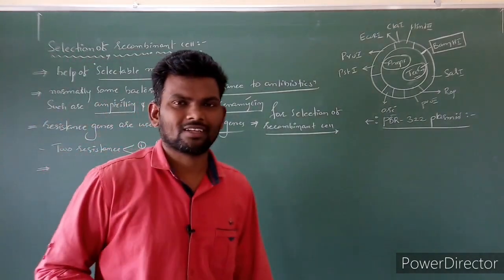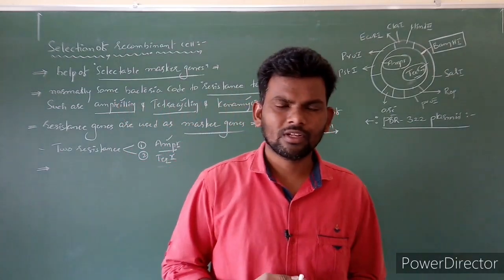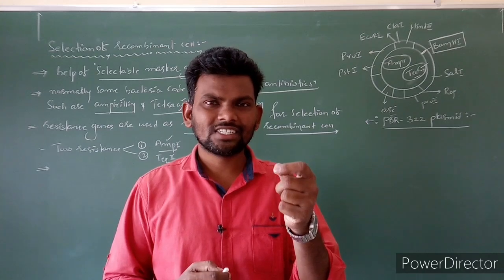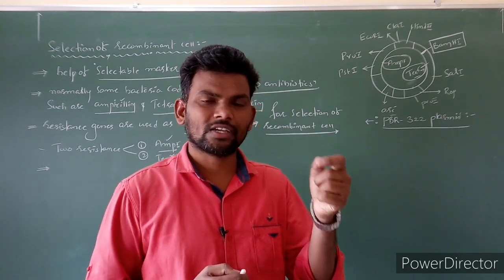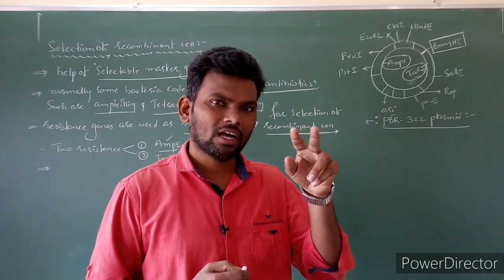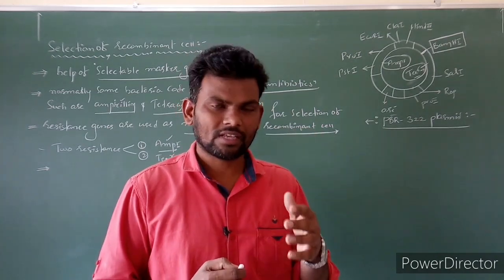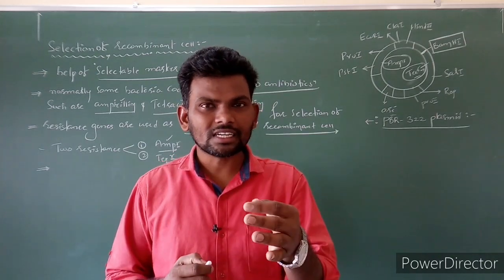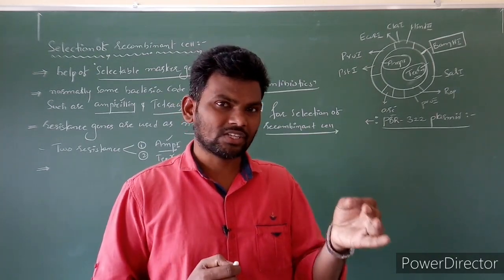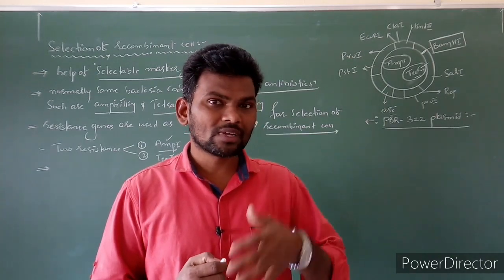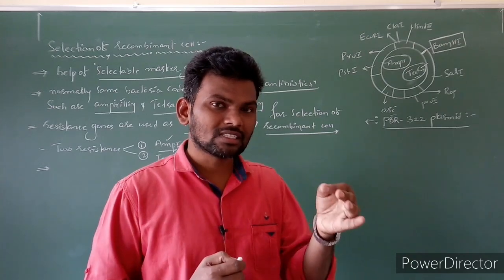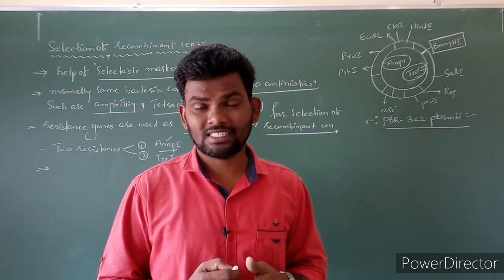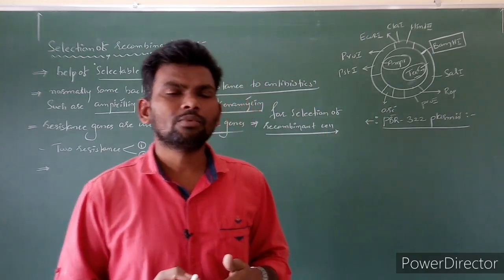Let's see how it works. For that, you just ligate the desired gene at a recognition site of any one of the two resistance genes. For example, BamHI is a recognition site. In that site, I ligate the desired gene. The BamHI site is present within the tetracycline resistance gene.